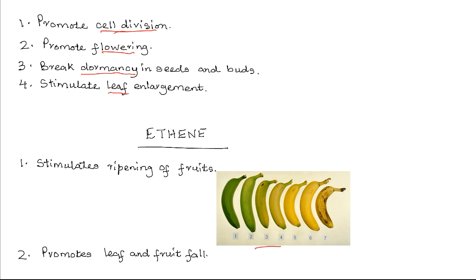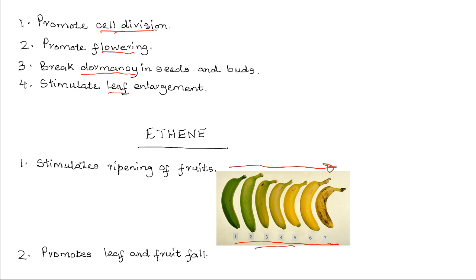This picture here shows bananas at different stages of ripening. This ripening is brought about by the hormone ethene. So all fruits ripen as a result of the presence of the gas ethene.